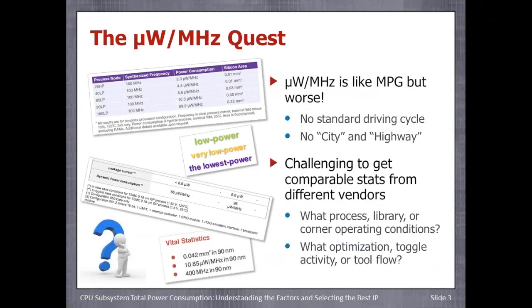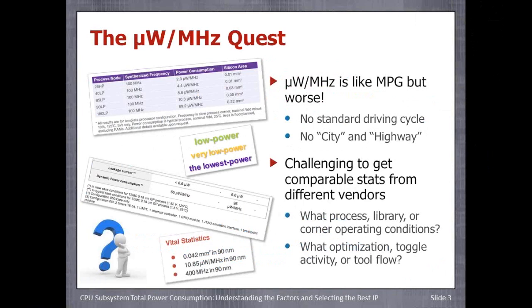So when it comes to selecting a processor core, one of the first things most people would do is to check milliwatts per megahertz ratings or microwatts per megahertz ratings. Milliwatts per megahertz is similar to miles per gallon ratings for automobiles, but it's much worse in many ways. In the miles per gallon case, there's no standard driving cycle and there's no real-life city or highway mode of driving.